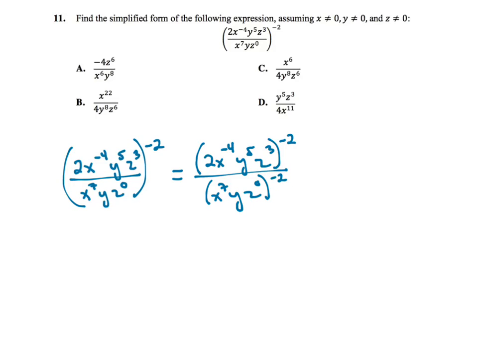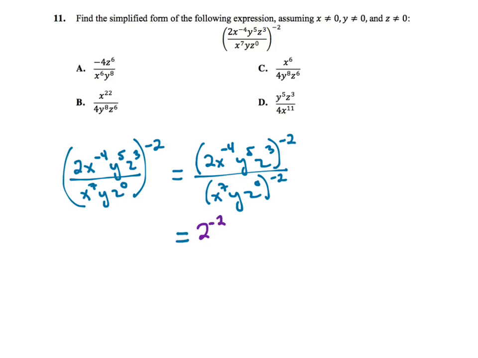And I could flip my expressions, but I see that I'm going to end up dealing with that anyway later. So for now, I'm just going to raise each factor to the power of negative 2. So 2 to the power of negative 2. Let me back up on that. I was a bit fast. 2 to the power of negative 2 is pretty clearly 2 to the power of negative 2. x to the power of negative 4 to the power of negative 2.